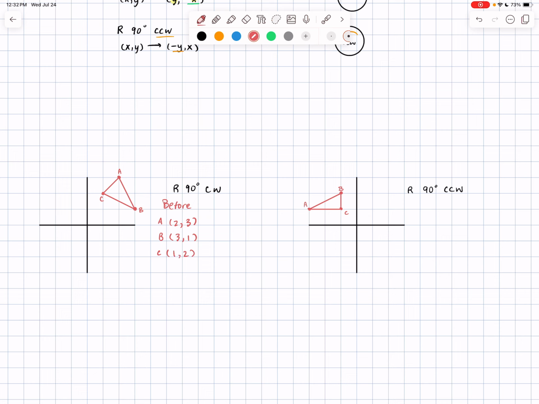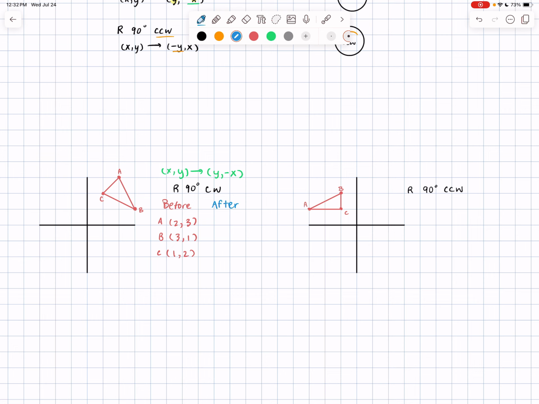Now, remember, to move clockwise 90 degrees, our transformation is going to look like this. X, comma, Y is going to switch places. And since it's clockwise, the X is going to be negative. So let's create the after table.